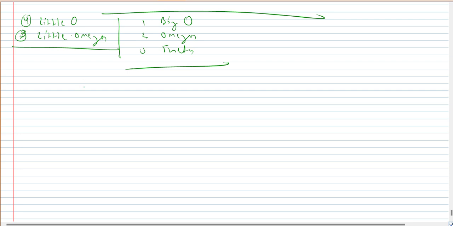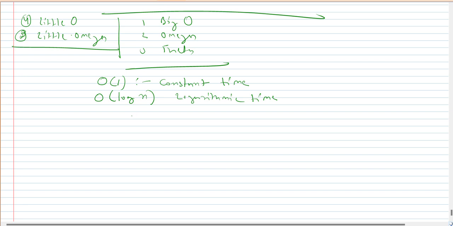Now let's talk about the common complexities available. We say big O(1). This represents the constant time complexity. Then after this comes big O(log n), logarithmic time.